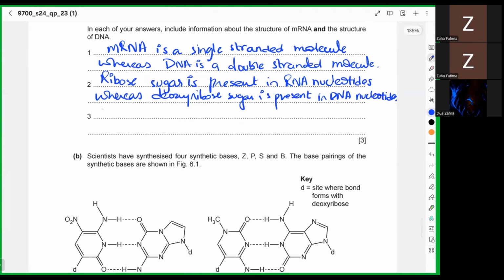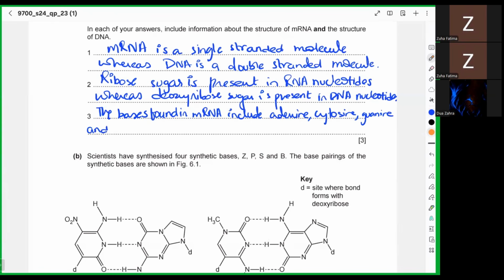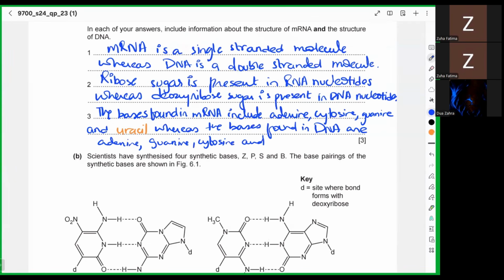The bases found in RNA include adenine, cytosine, guanine, and uracil, whereas the bases found in DNA are adenine, guanine, cytosine, and thymine.